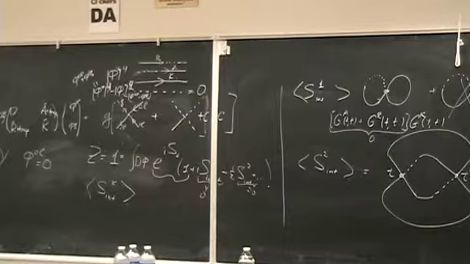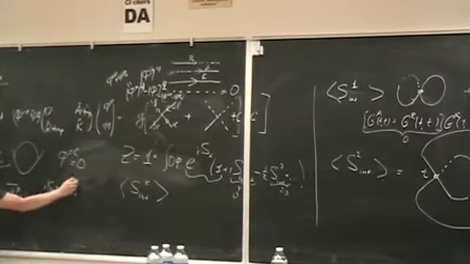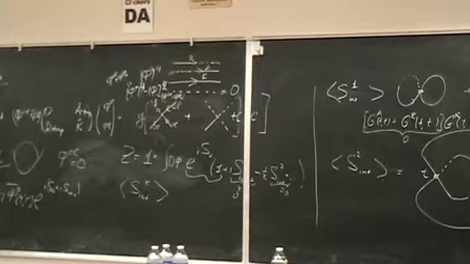So you want to average phi alpha (t, r), phi beta (t prime, r prime) with the action S naught plus S interaction, where again alpha and beta are my Keldysh indices.